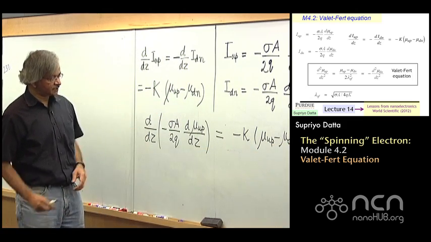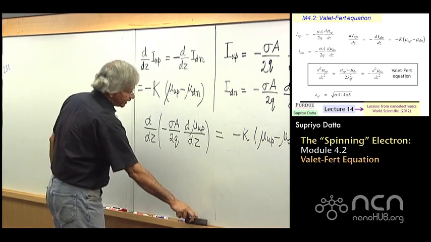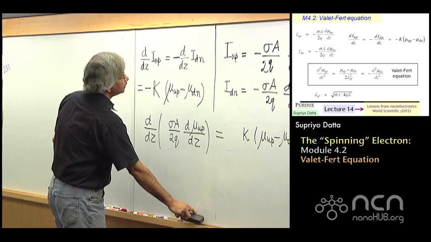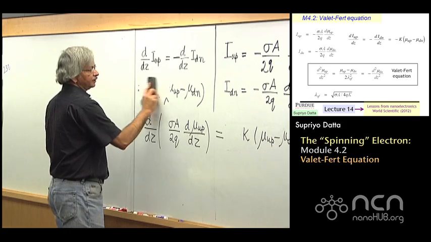Since this is a constant, I can pull it out. I can take off the two negative signs from both sides.